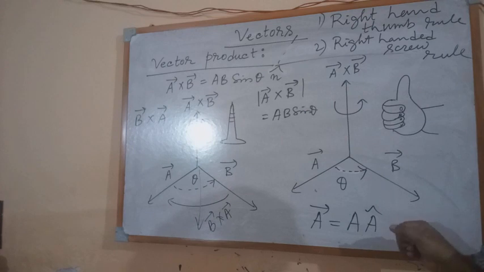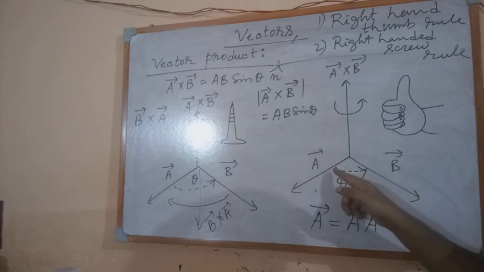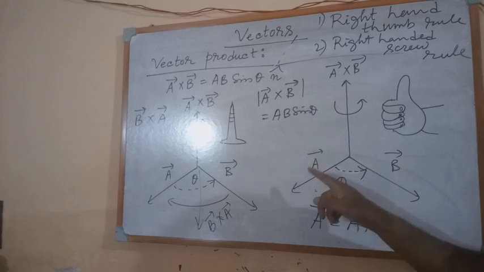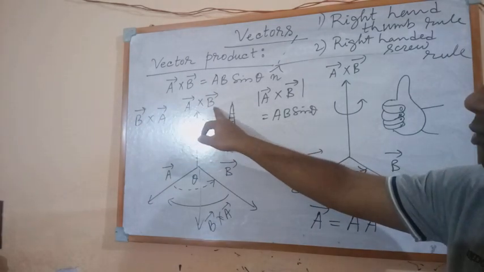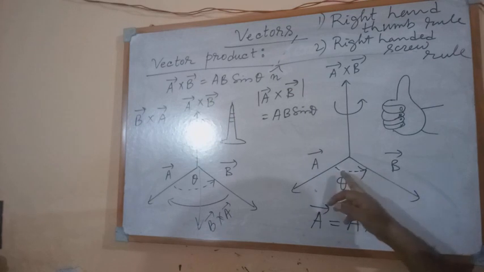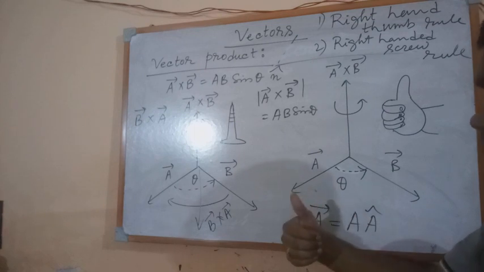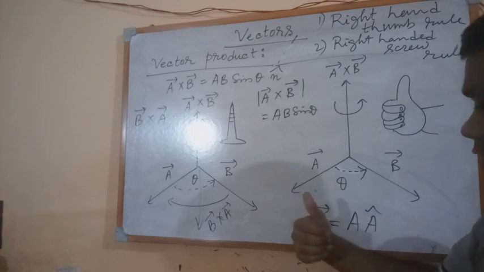And this is the curl of the fingers, and this is the arrow in which the curl of the fingers is taken, because A vector cross B vector is taken. That's why the direction of the arrow is from A vector to B vector. The direction of rotation of the arrow is from A vector to B vector, and the curl of the fingers is taken along the direction of rotation of the arrow.